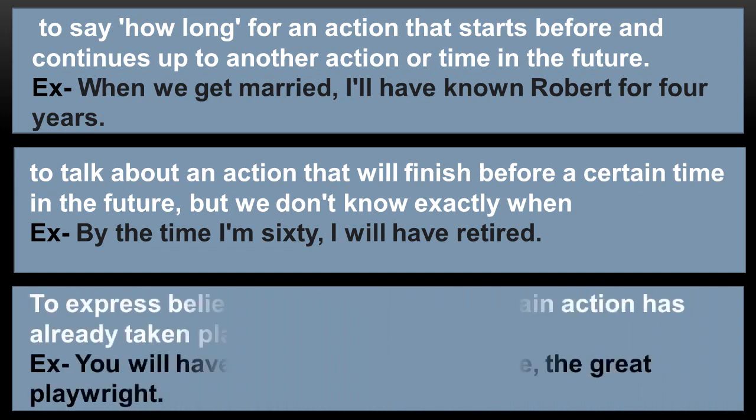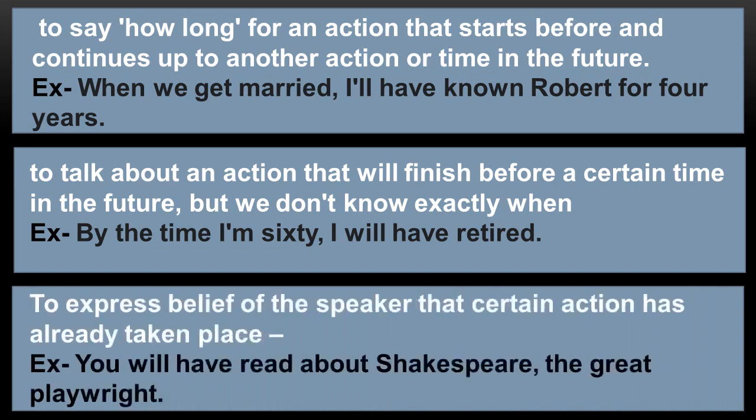Then the next use we have is to express the belief of the speaker that a certain action has already taken place. For example, you will have read about Shakespeare, the great playwright. So those were the uses of the future perfect tense.